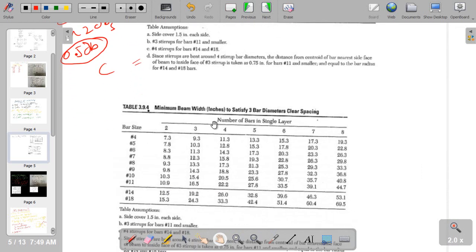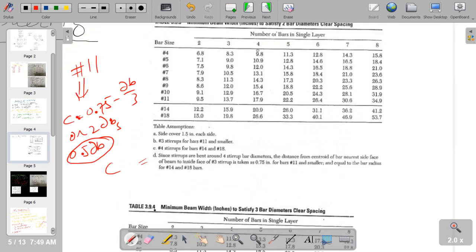Next, this table is based on 2 diameters of the bar spacing, meaning the spacing between 2 bars is equal to 2 times the diameter of the bar. This spacing is very important, and we will discuss this in a coming lecture, but I have already recorded lectures related to the development length.